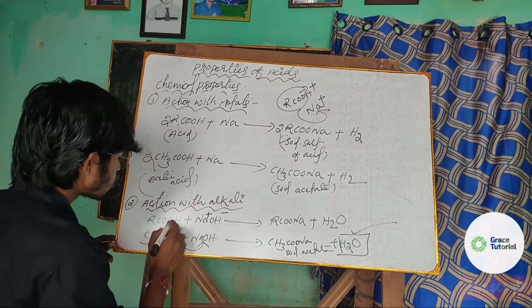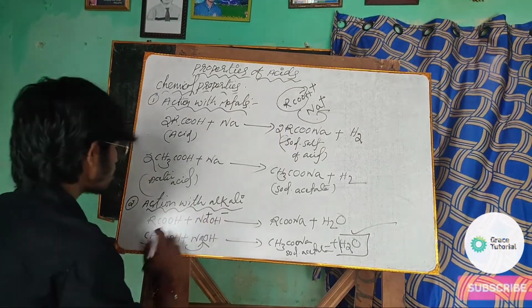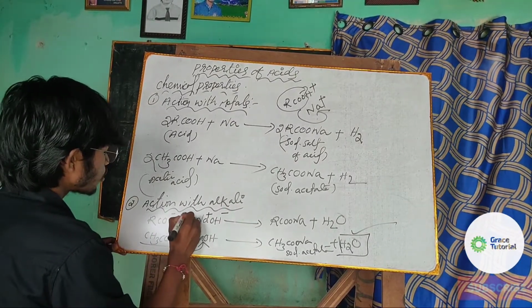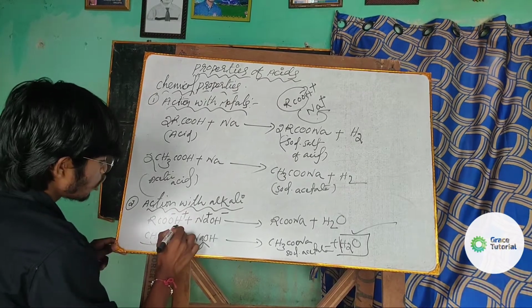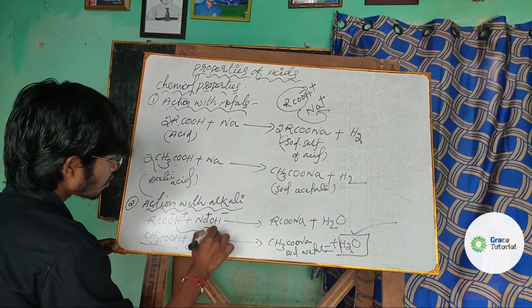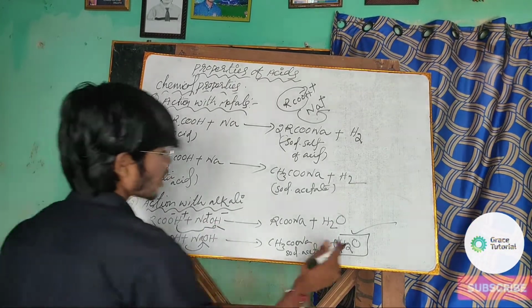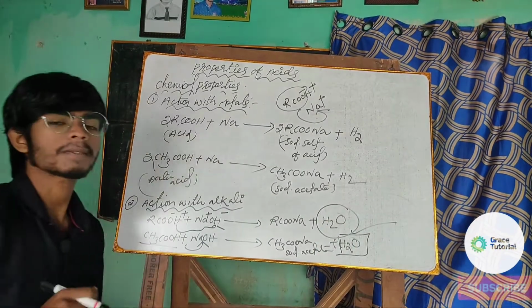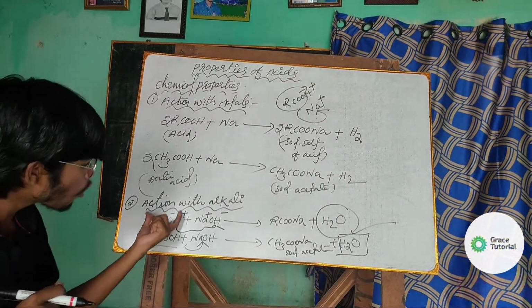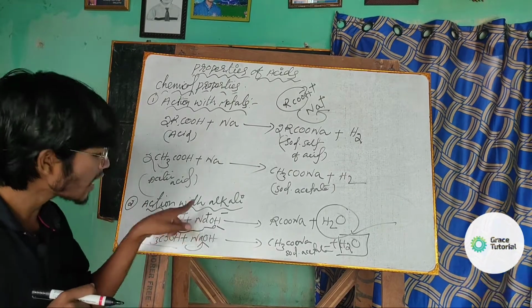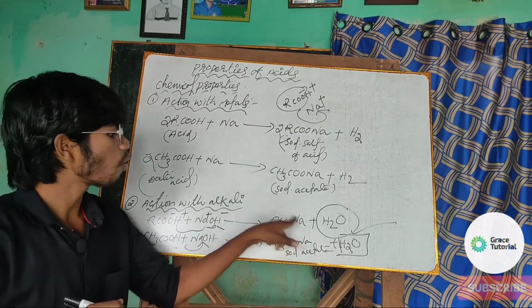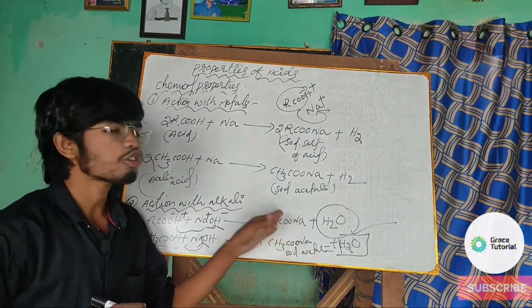But if the same acid reacts with an alkali, which is a base, then here this is partially positive and this is negative, or this is a positive and this is a negative ion. So the positively charged part of this one will react with the negatively charged one, and finally it produces the water molecule. And RCOO minus will react with Na plus to give RCOONa, the sodium salt of the acid.